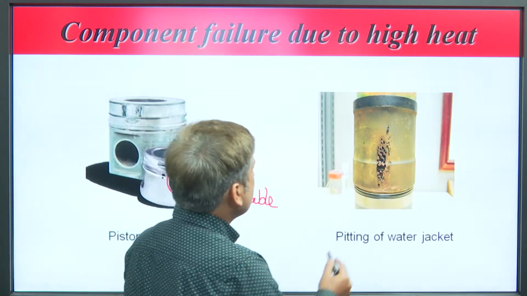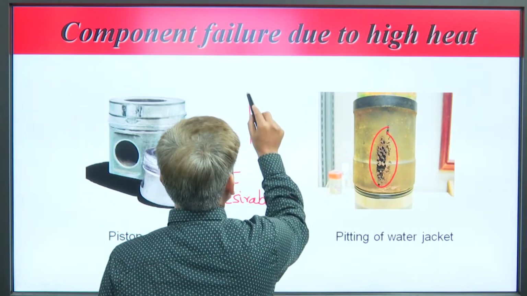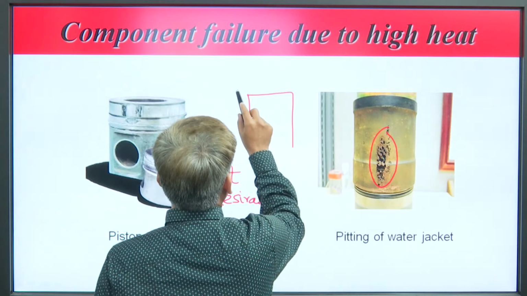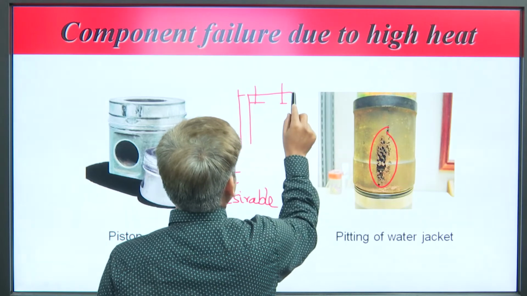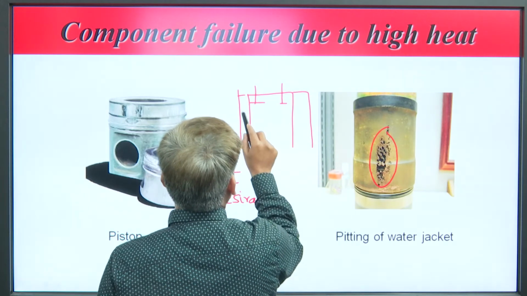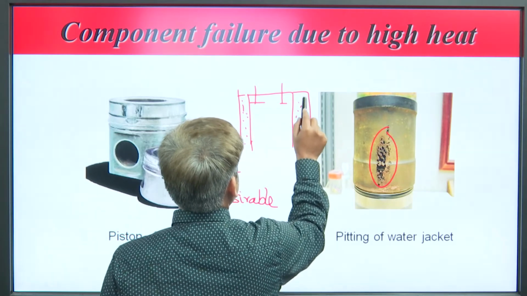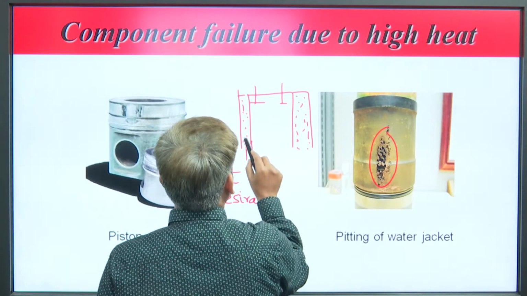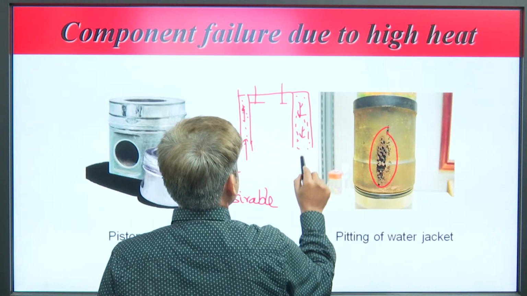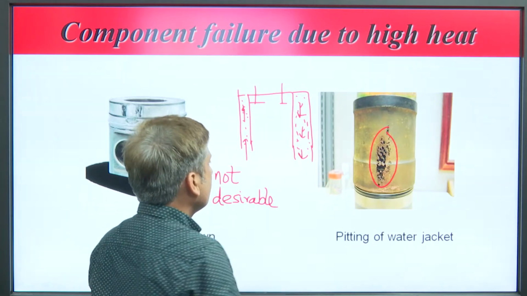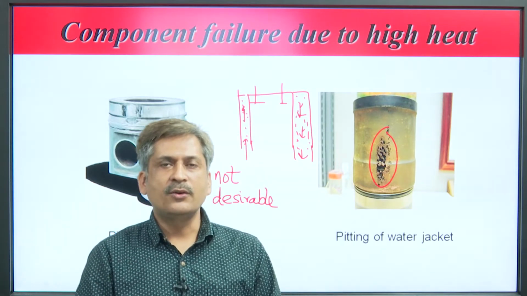Pitting of the water jacket means, like this is your cylinder, then this is your inlet valve and exhaust valve, and this type of pockets are provided around the cylinder through which either air or water flows and the cooling is controlled.